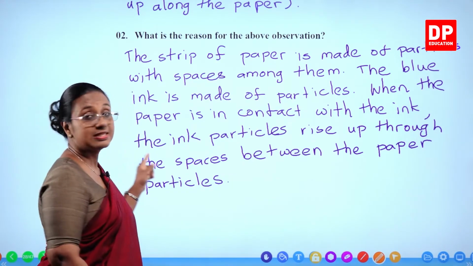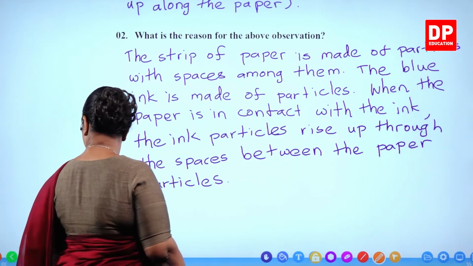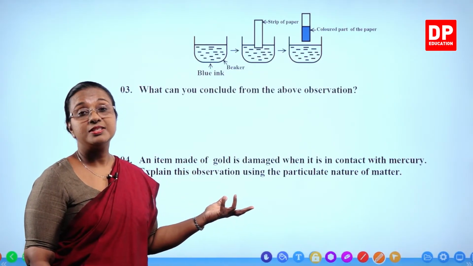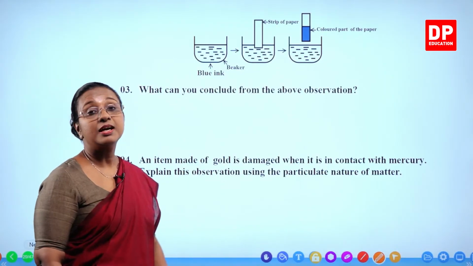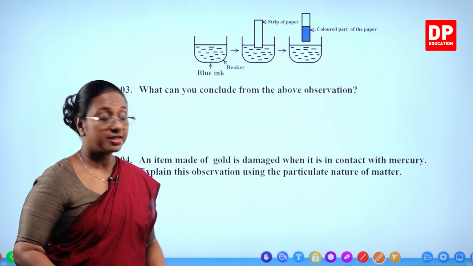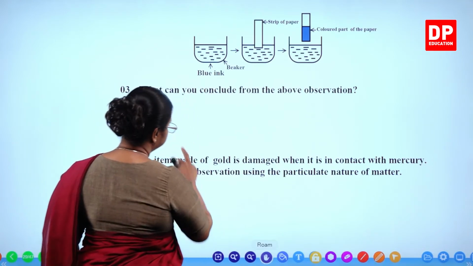Then we'll answer the next part of the question. Again the same diagram. Third question: what can you conclude from the above observation? Ink is discontinuous in nature and the strip of paper is also discontinuous in nature.